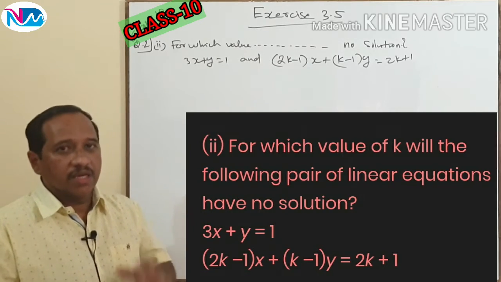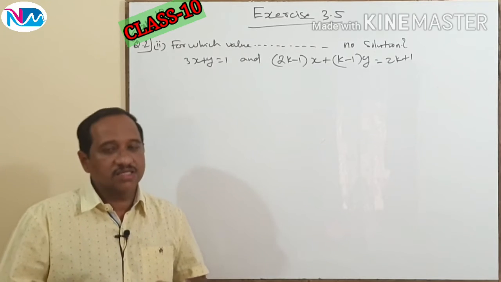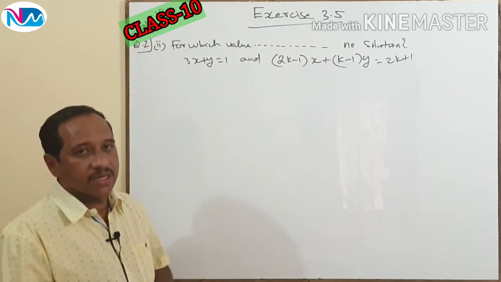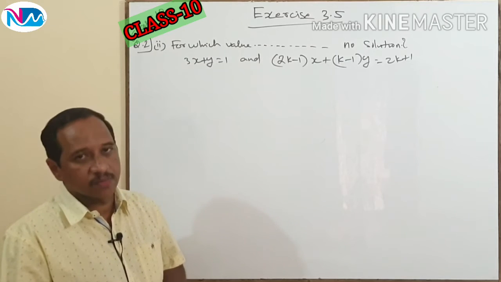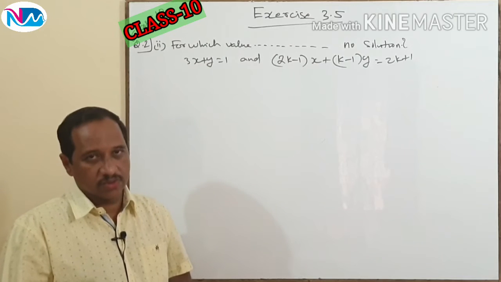You know that if a pair of linear equations in two variables have no solution, the algebraic condition is a1 by a2 is equal to b1 by b2 is not equal to c1 by c2.